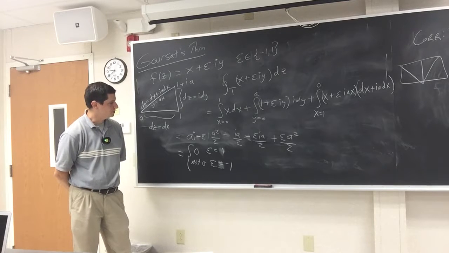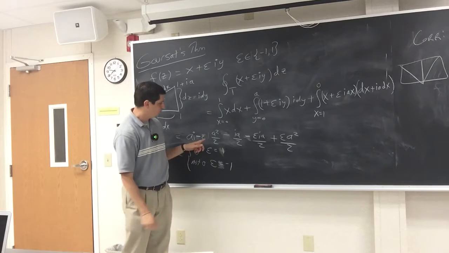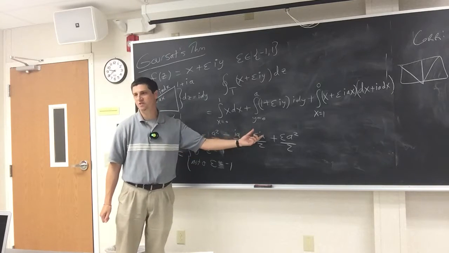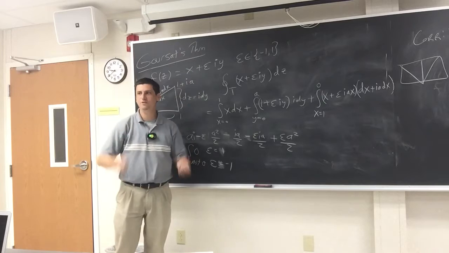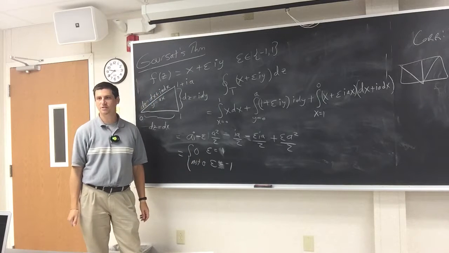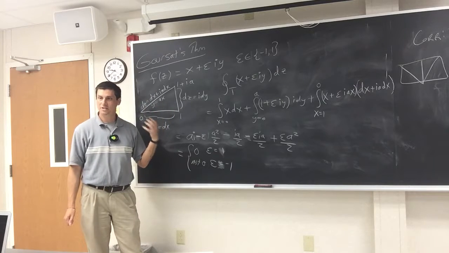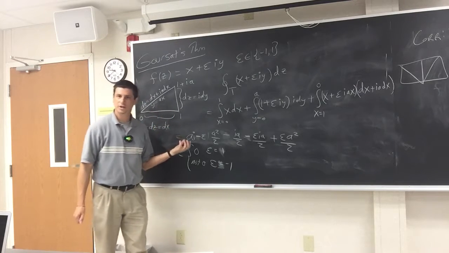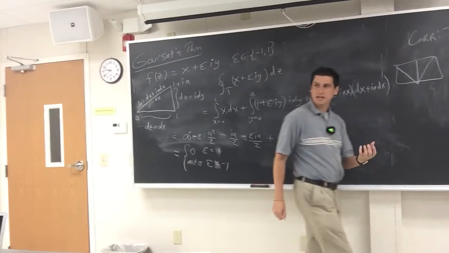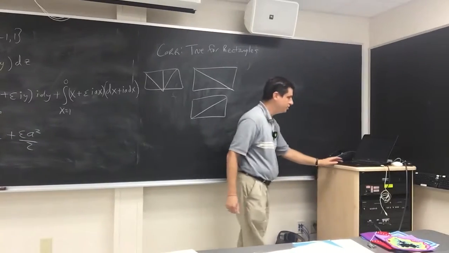So you can go through and see exactly what it is. The clearest way to notice is if epsilon equals negative 1, we're going to have an a squared term. And as a is just cranked up to infinity, clearly it's not going to be 0. So there's at least a difference between integrating z and integrating z bar. And by putting in this nice epsilon, we were able to handle the two terms simultaneously.